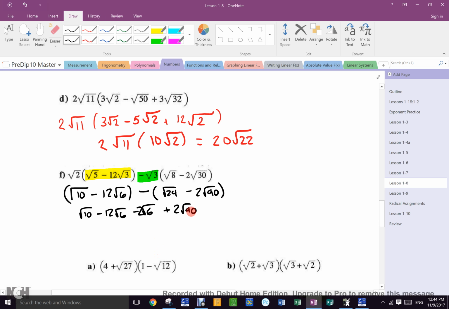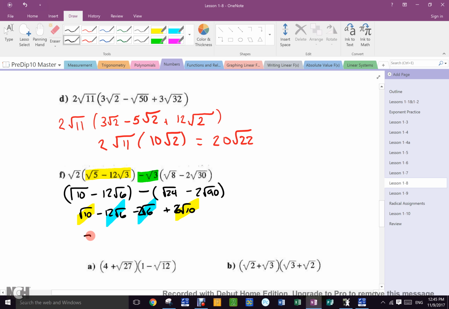Can I simplify here? What? 9 and 10. So what comes out? 3. So what does that 2 become? 6. And what does this become? 10. Now, look what has happened. What do I do with those based on yesterday's work?